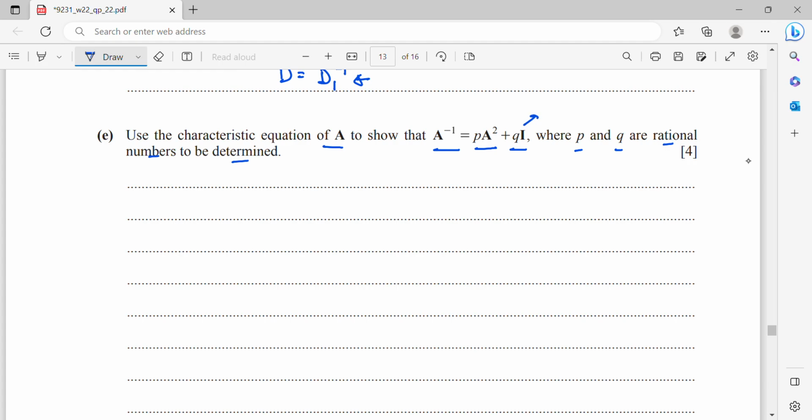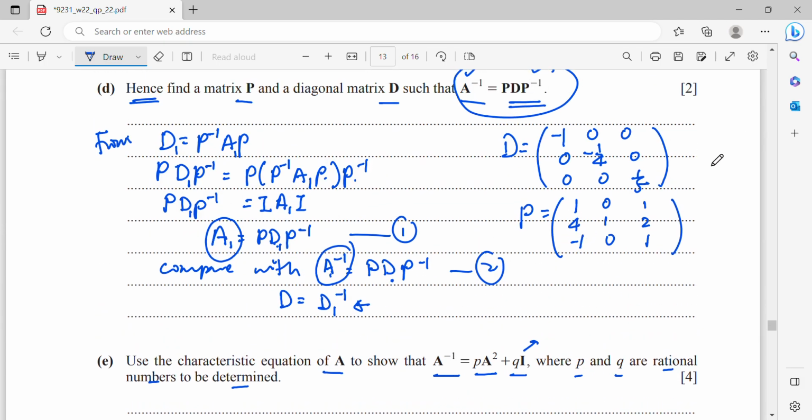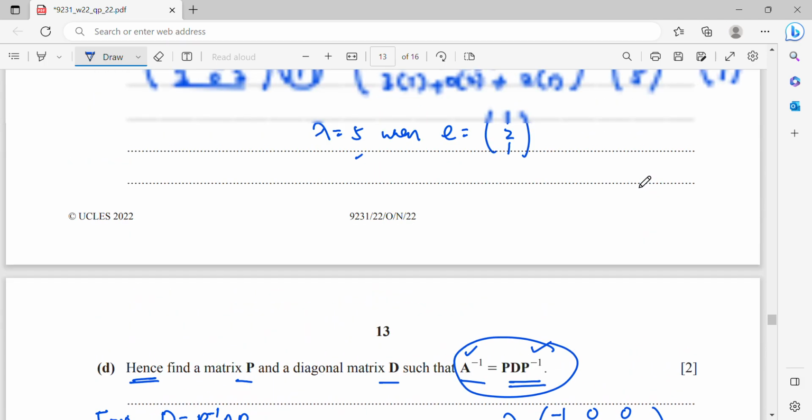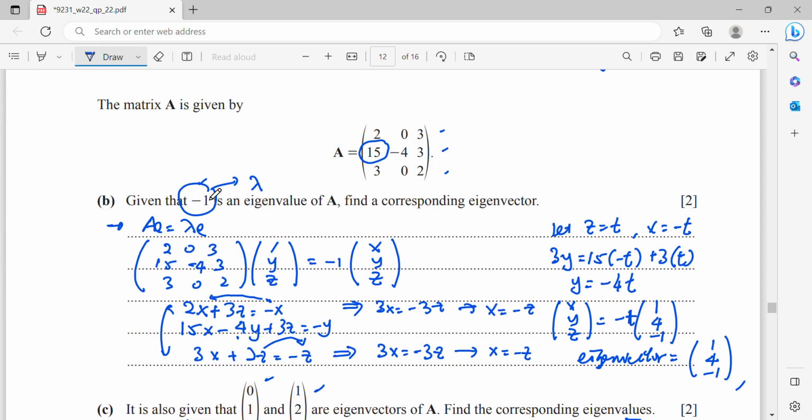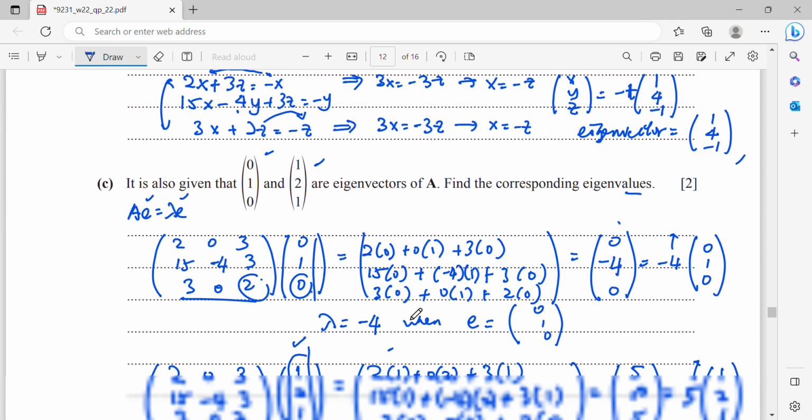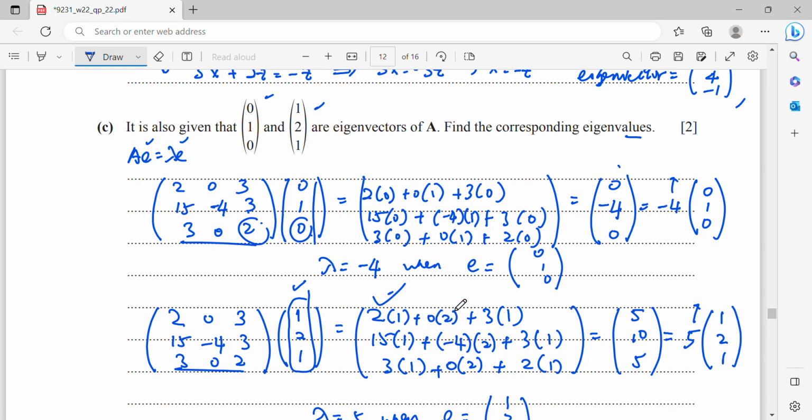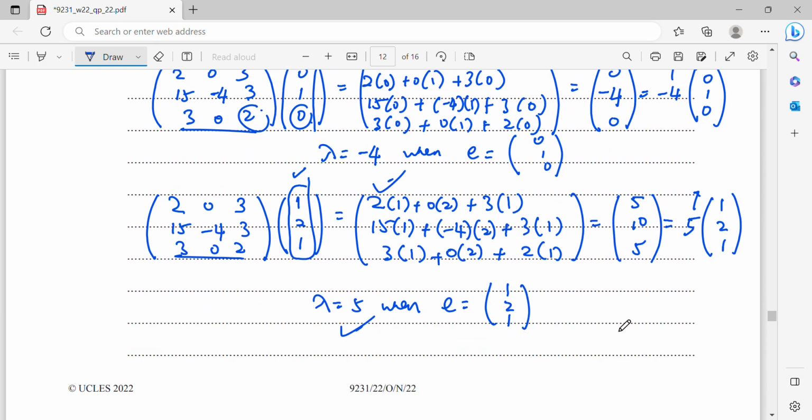So now, from A, we know that it has 3 eigenvalues, right? So we will have -1, -4, and 5. These are the three eigenvalues.